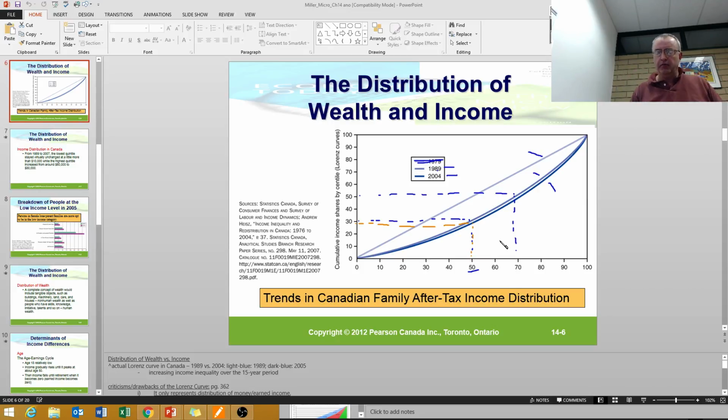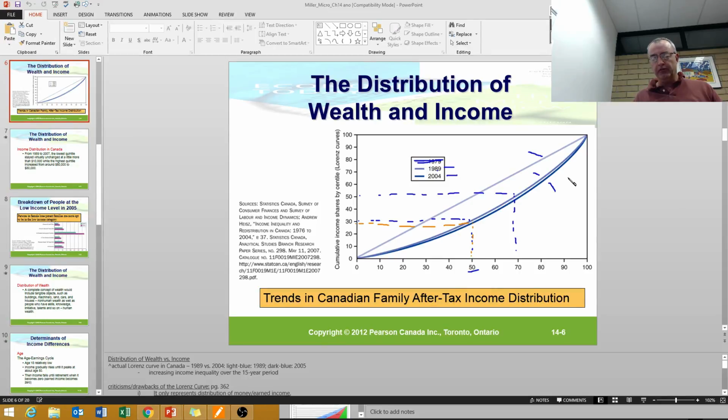So although this Lorenz curve is a handy way of looking at how income is unequally distributed in Canada or in other countries, there are some criticisms of it. These are from page 362. The first criticism is that the Lorenz curve only represents earned income, and it does not take into account any income we receive in kind form.